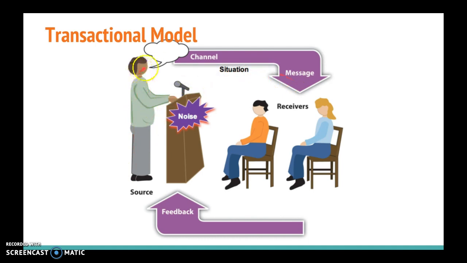So the source sends a message through what we call a channel. And the channel is simply the means by which a message is communicated. So in a public speaking setting, usually, or let's go with a lecture setting. In a lecture setting, the source is giving the message, they're giving the lecture, and usually that lecture is received via an audio-visual channel.